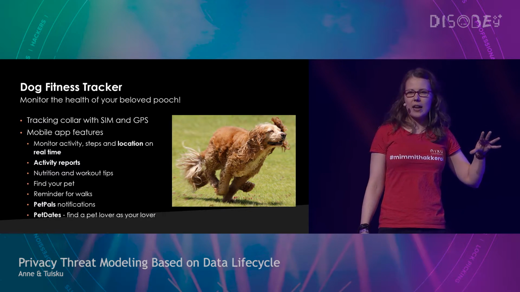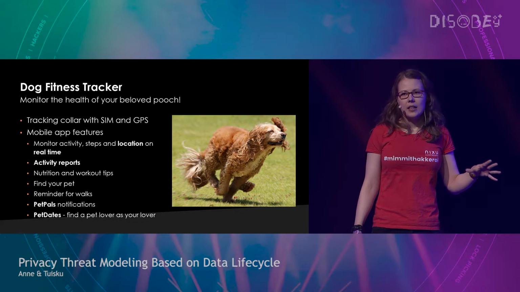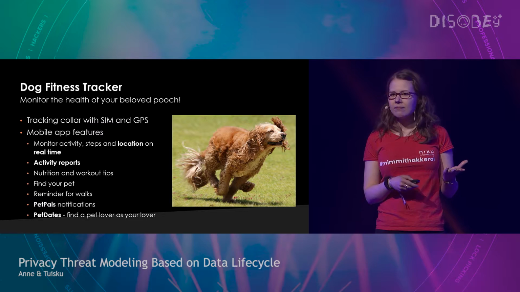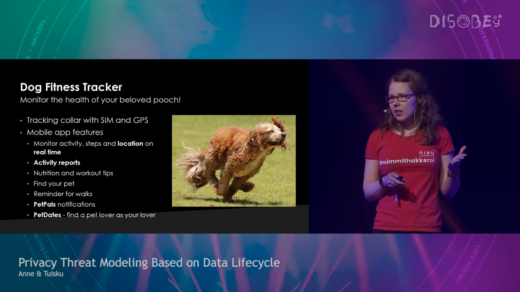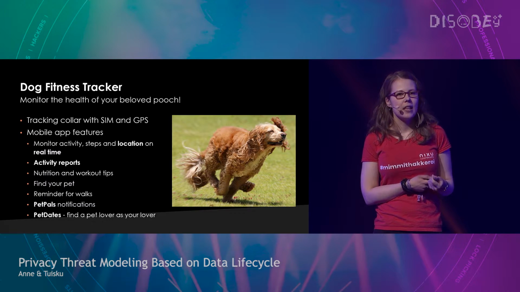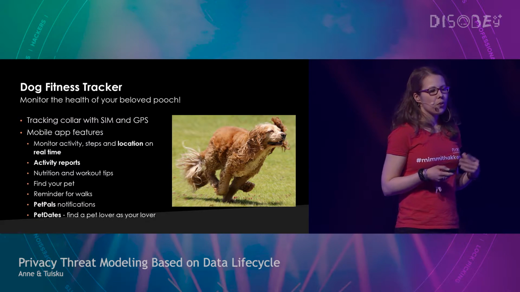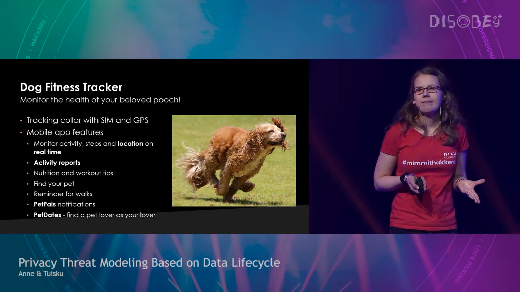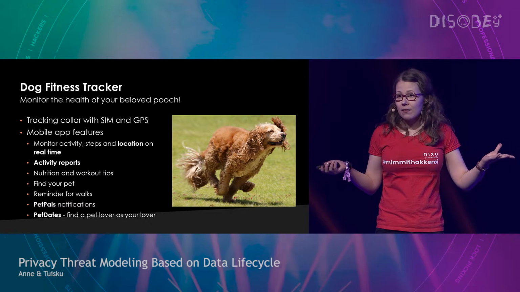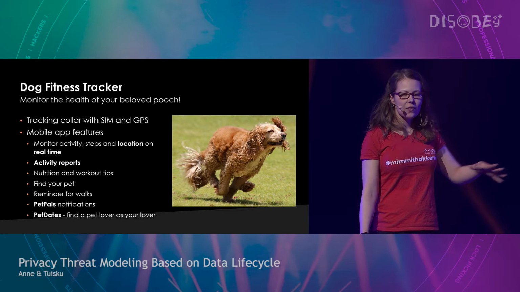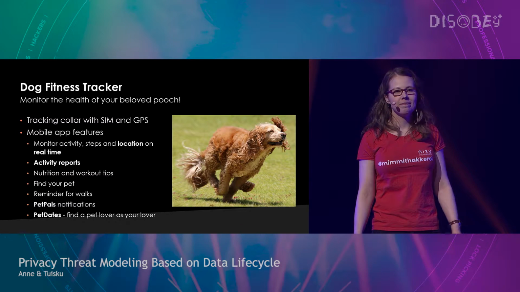It collects the location of the dog all the time. With a SIM card, it sends the data to the cloud, and the owner can check the location of the dog and activity on a mobile app. Real-time activity reports, workout reports, nutrition tips. There's a dating feature. Whoa, how nice. And you can find your pet all the time.